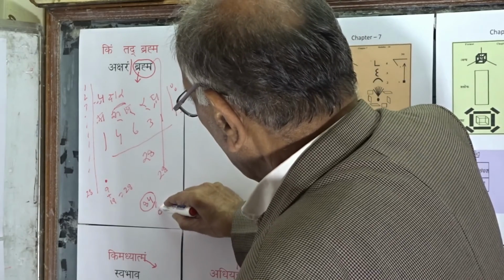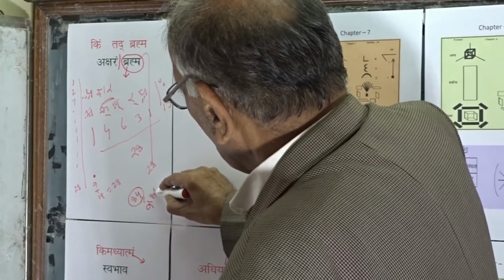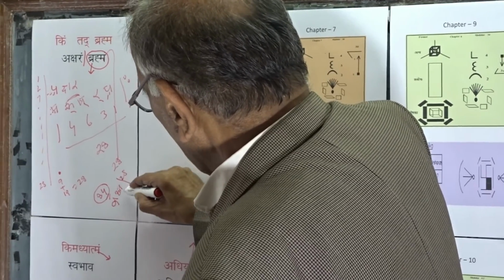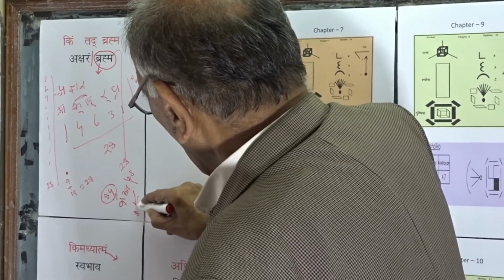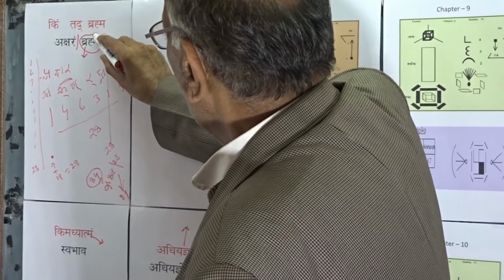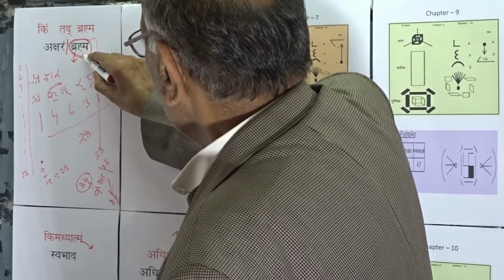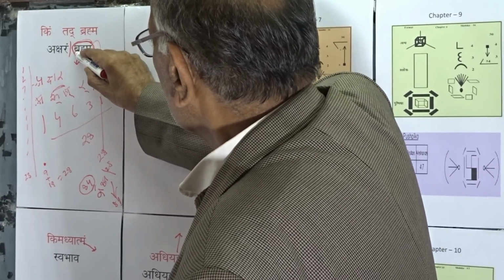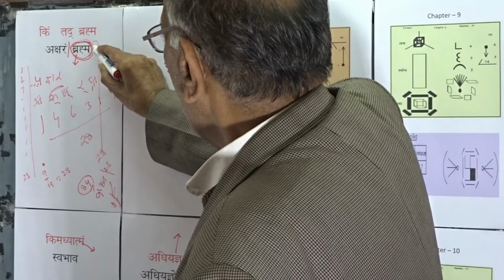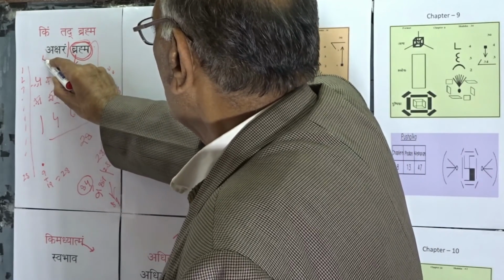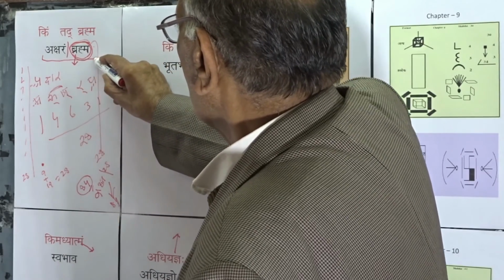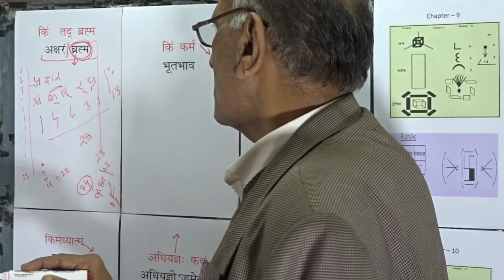So Brahm is of TCV value 28, how the trans value from here is of 84. So the trans value of the formulation Brahm is 84 while its TCV value is 28, and the trans value of the formulation Akshar as such is 84.